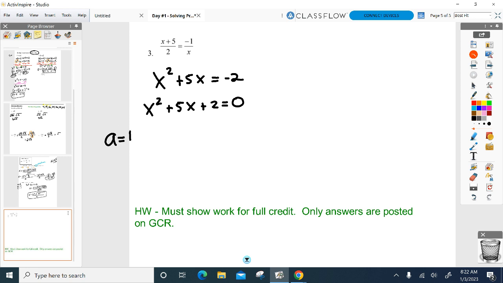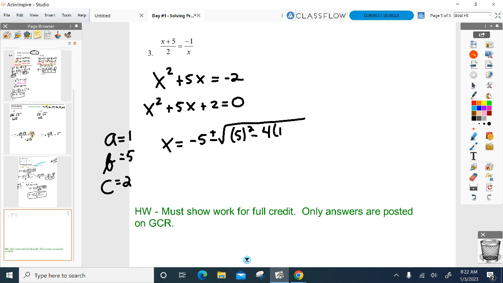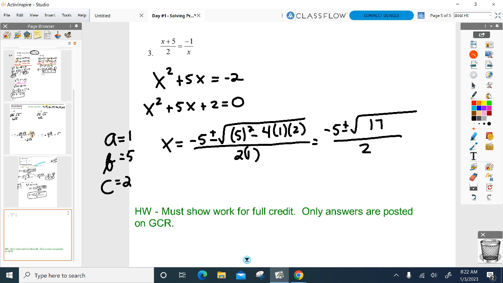But you cannot factor this, so you are forced to go to quadratic formula. Use the parentheses.